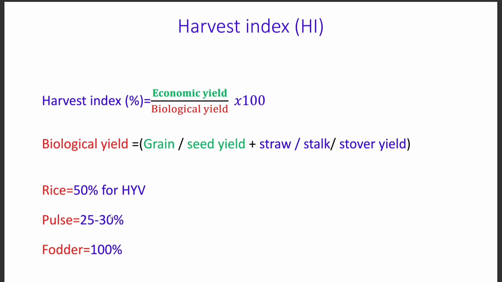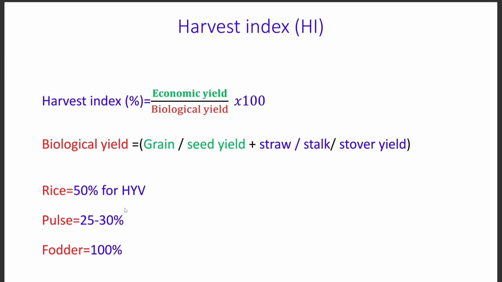That will be considered economic yield. Biological yield is the grain or seed yield plus the straw, stalk or stover yield. So the whole yield that we get from a plant is the biological yield. So harvest index is economic yield by biological yield into 100.